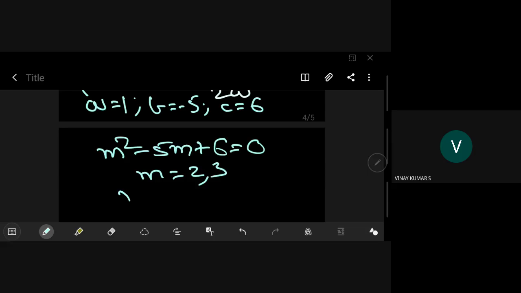So you can write this expression as m minus 2 into m minus 3 equal to 0.